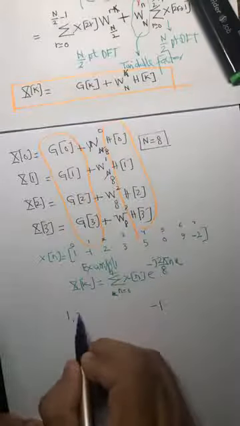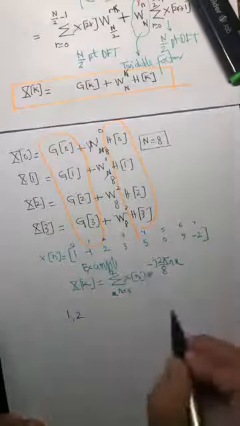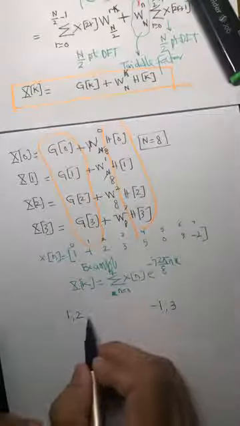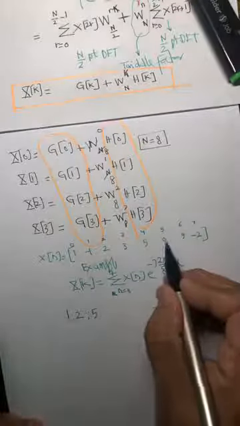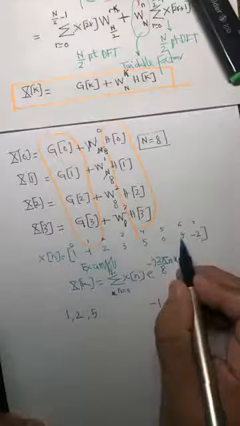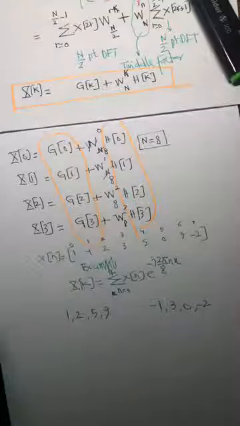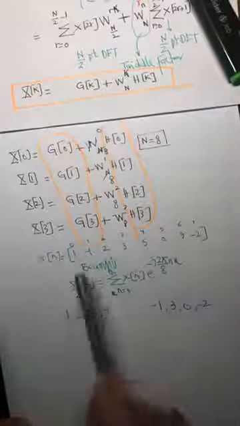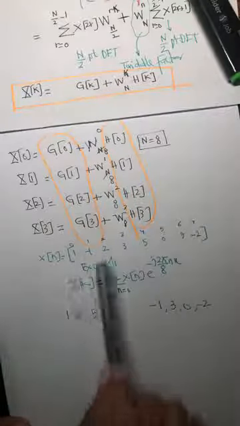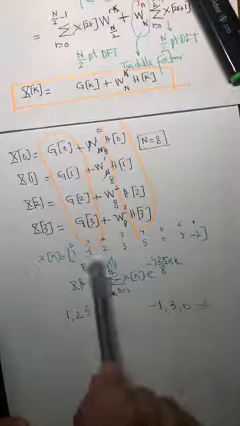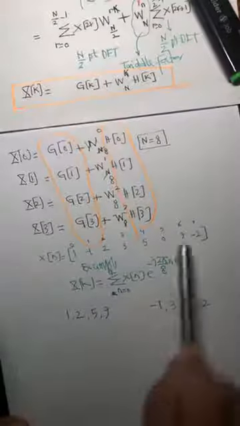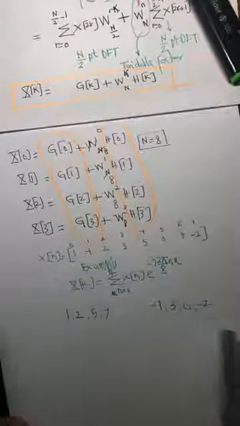Then index 2 sample here, and then index 3 sample here. Then index 5 sample here, then this sample here, then 9 and then -2. Okay, it's very simple. So you split the signal into two parts. First here, the second sample you give to this part. First here, then here, then here, then here, and here. So split it into two parts.